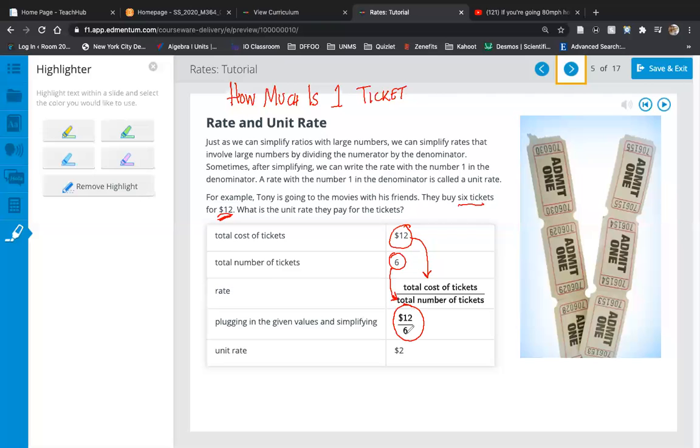Remember, fractions are ratios. So for $12, we get 6 tickets. So if I want to find the cost of one of those tickets, all I do is divide 6 into 12. So 12 divided by 6 gives you 2. And you can check to see if that works, right? So this means that $2 is the cost of just one ticket. That's the unit rate.